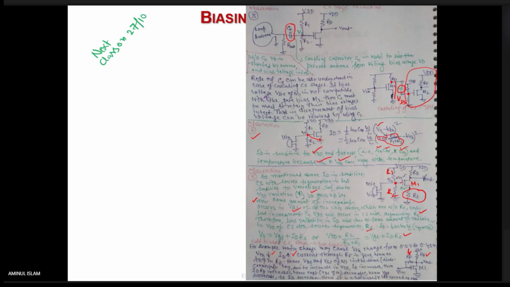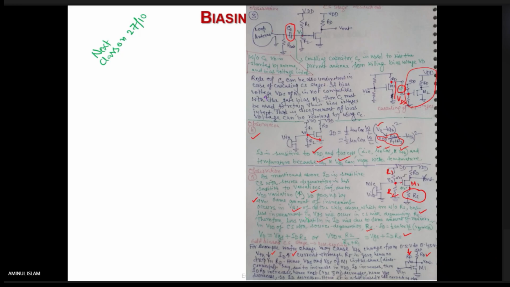If current is increasing in the device, the voltage drop across RS is going to increase. Say delta VO prime is the increment of voltage at this source node of M1. So what will happen? Ultimately, VGS of this M1 is going to be reduced.